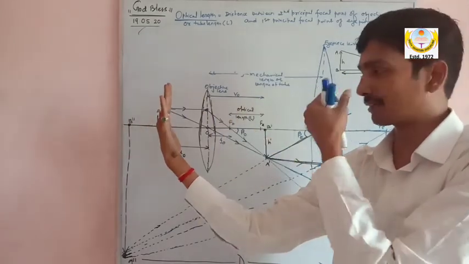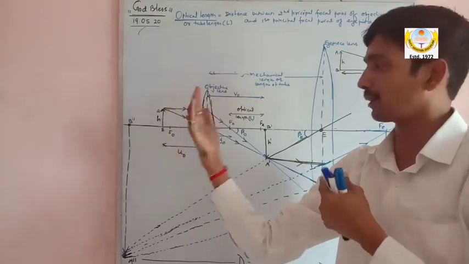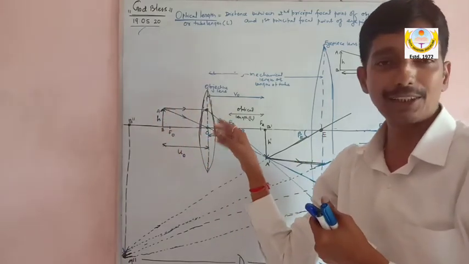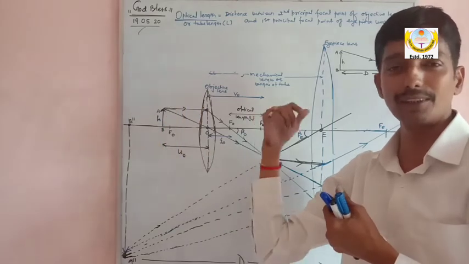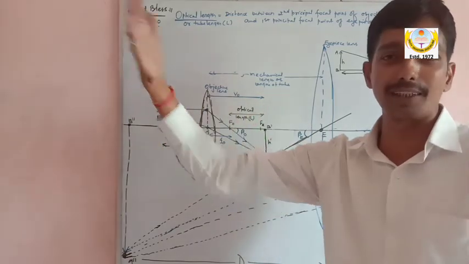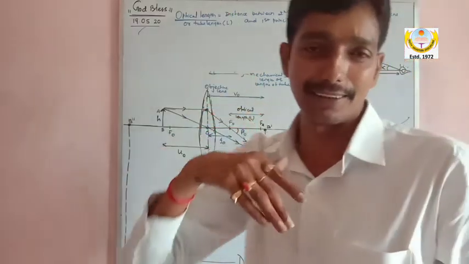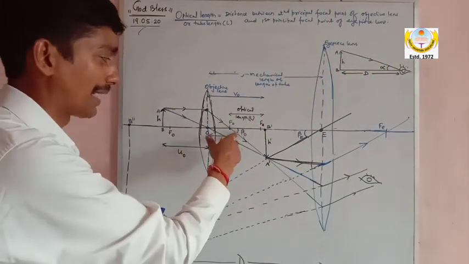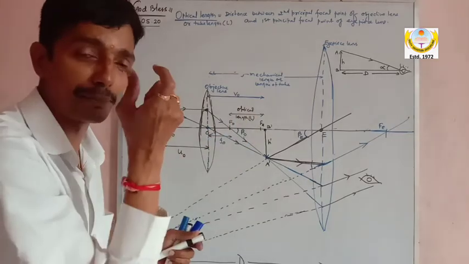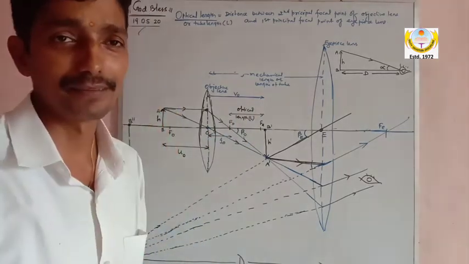As soon as the distance from the eye decreases because of the introduction of the objective lens, of course, sir, the angular magnification will increase. So this is what the objective lens is increasing, that magnification, my dear. That is the concept related to optical length.